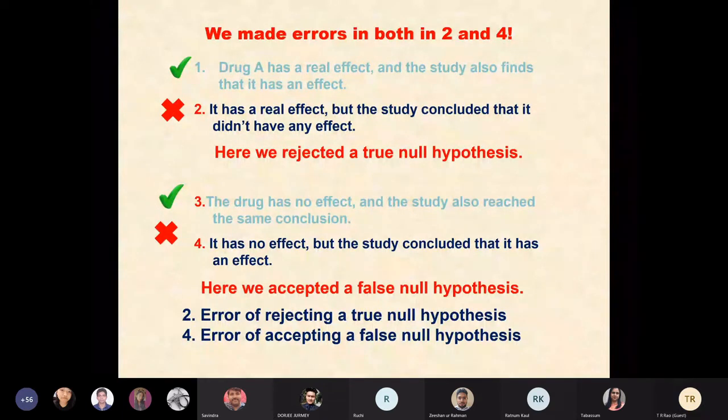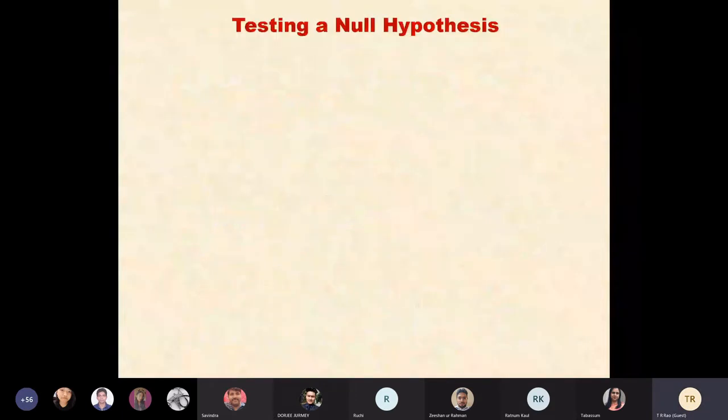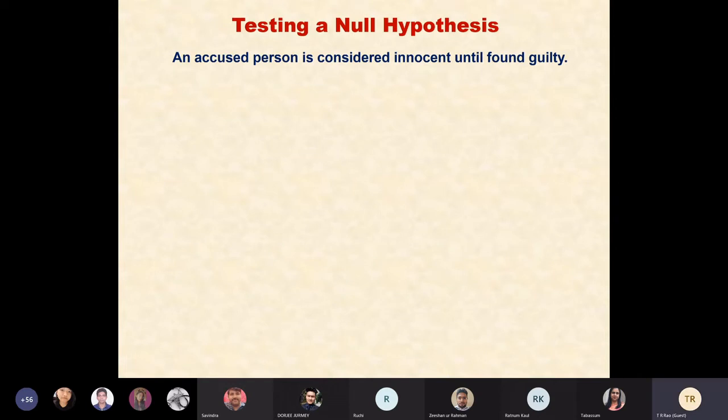Okay. Have you understood this now? Let's see. So we'll test with an example. We'll consider one from the judiciary first. We will go to courts and the jury and the accused and all that.